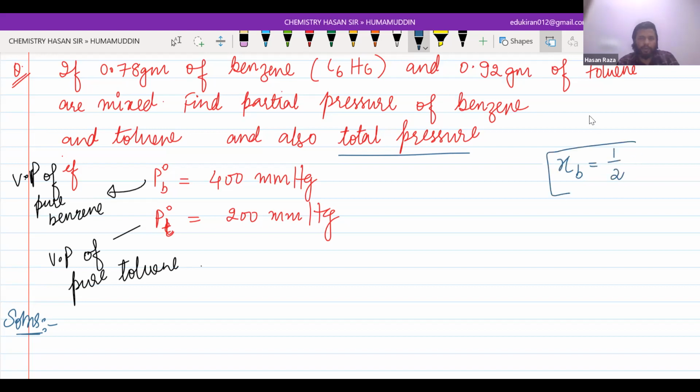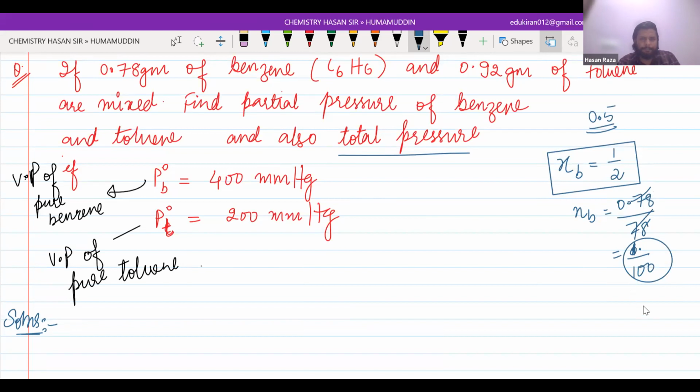Not 0.52, it will be 1/2, 0.5. Okay. Number of moles is given mass upon molar mass. What is the molar mass? 78, yes or no? Yes, sir. 78 will cancel and you will get 0.01, or you can write 1/100. Mole of benzene I got 0.1. Mole fraction I got 0.5.